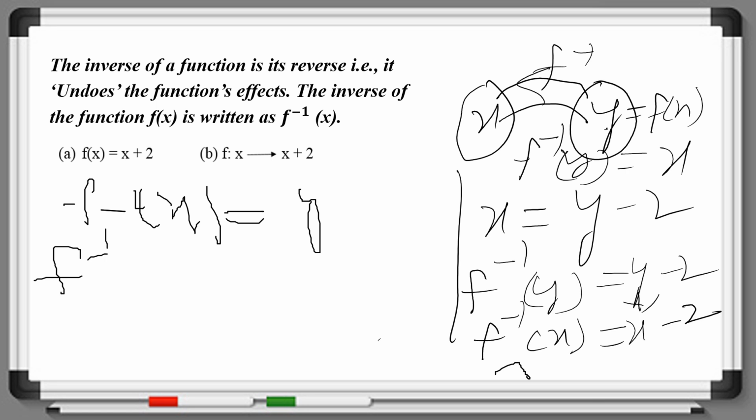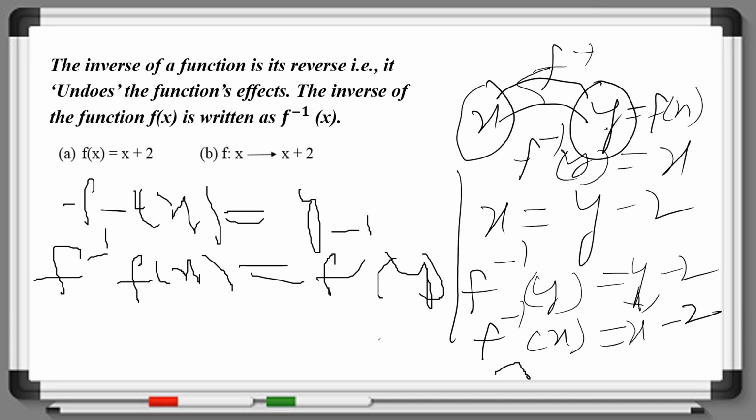F inverse of f of x is equal to f inverse of y. On the right hand side I apply the inverse function, on the left hand side also I apply the inverse function. F inverse means 1 over f of x is equal to f inverse of y.